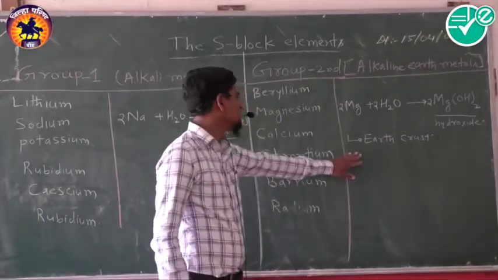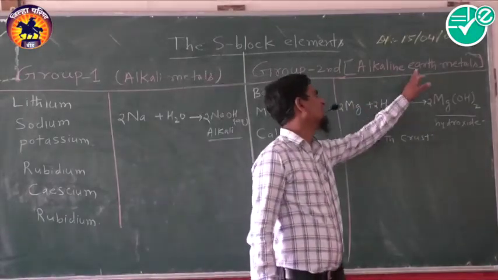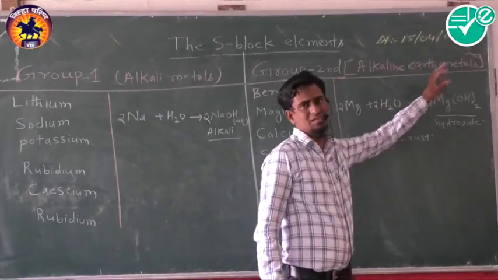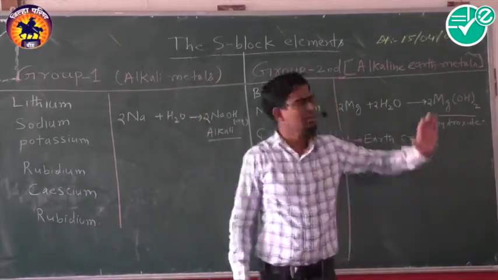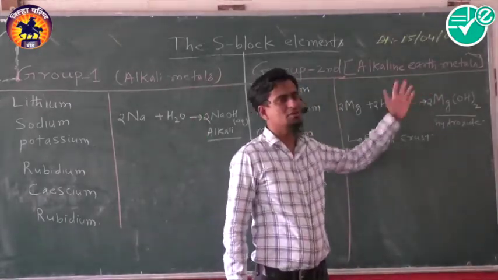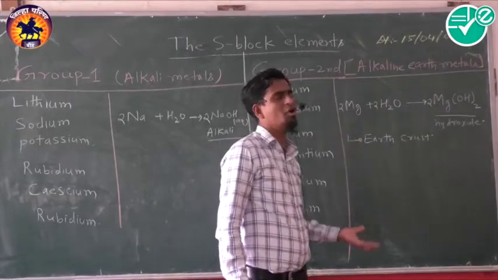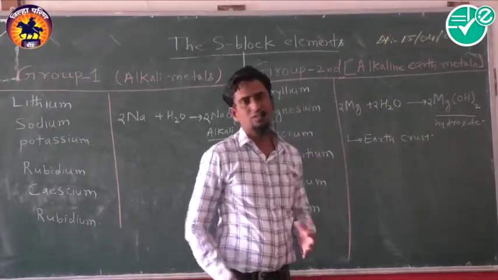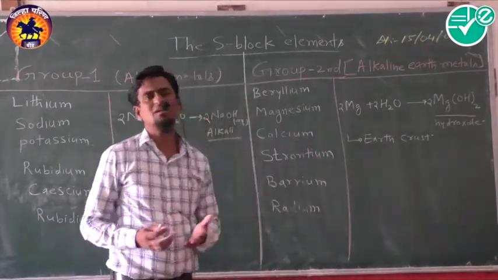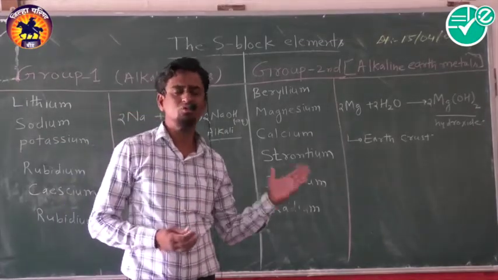Hence, these are named alkaline earth metals. These are alkali metals and these are alkaline earth metals because these elements are obtained from the earth crust. So it is the fundamental definition part for these two groups.